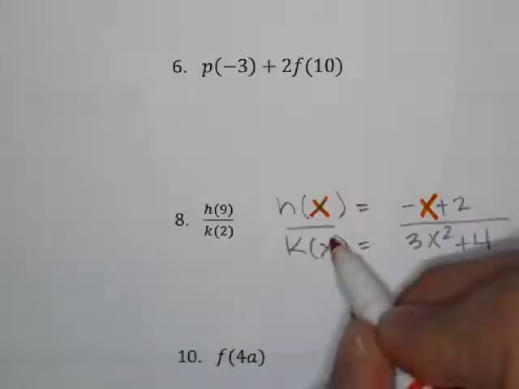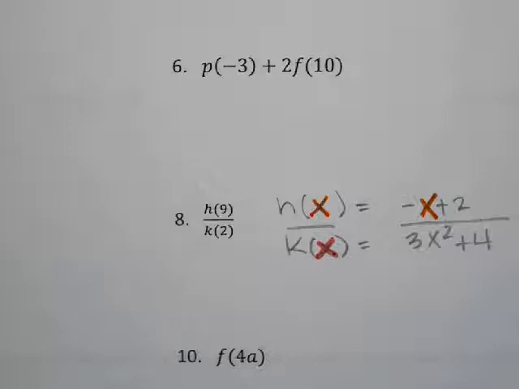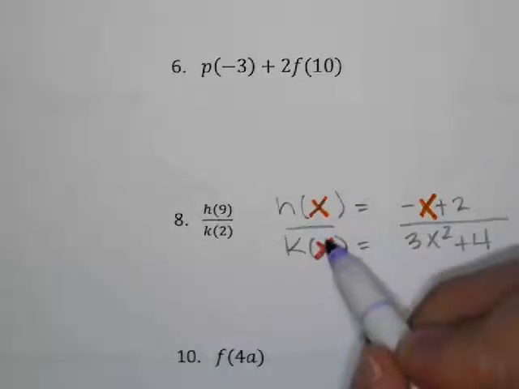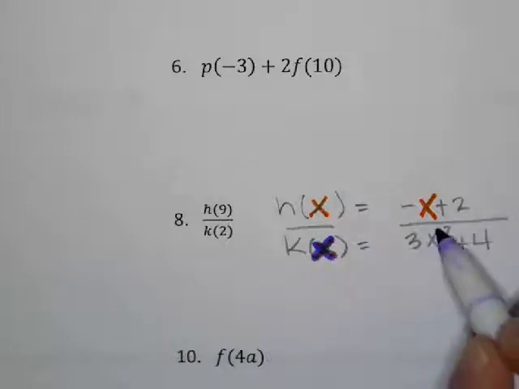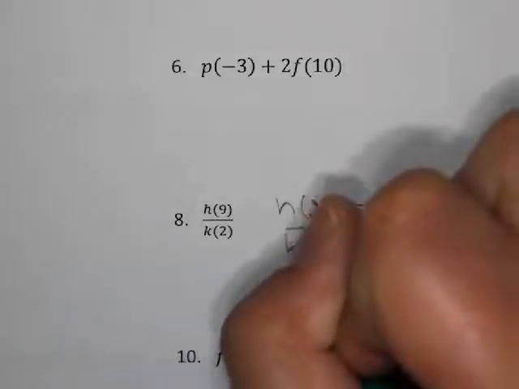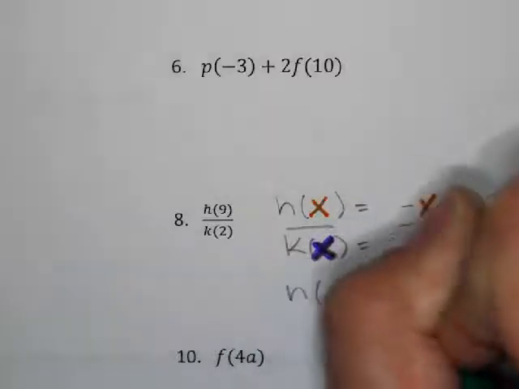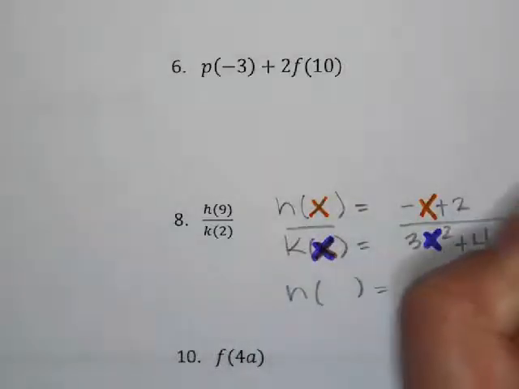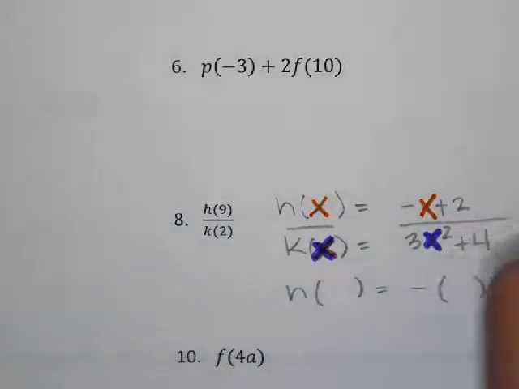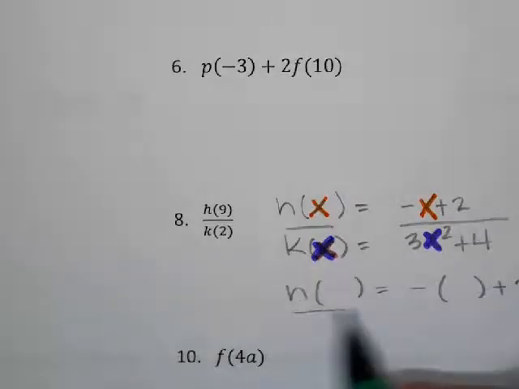I don't know. Can you tell those are different? Barely. Let's use purple. Okay. So for h, they tell us to plug in 9. So I'm going to say take the h, plug in 9. So negative, plug in 9 plus 2. Right now I'm just leaving a space to plug something in.